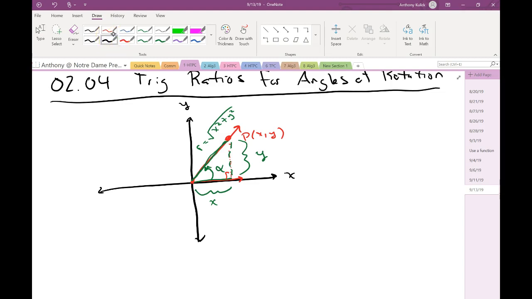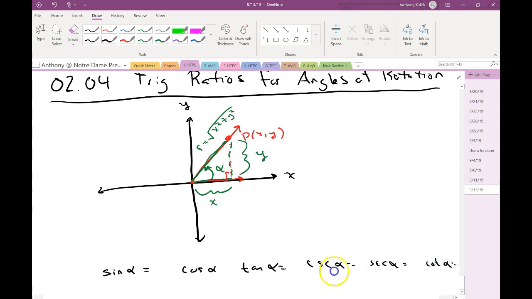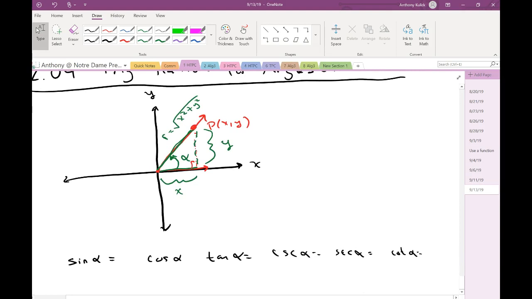So, if I have this definition, then I can define sine, cosine, tangent, cosecant, secant, and cotangent, all in terms of this point P. So sine is going to be y over r.